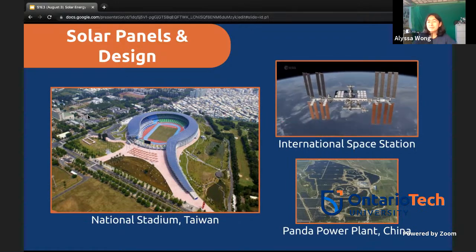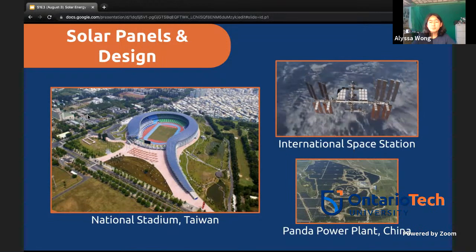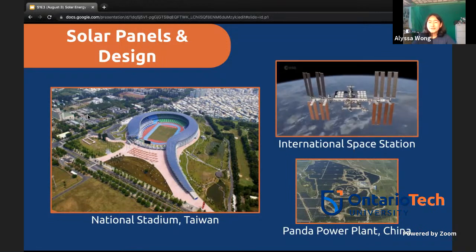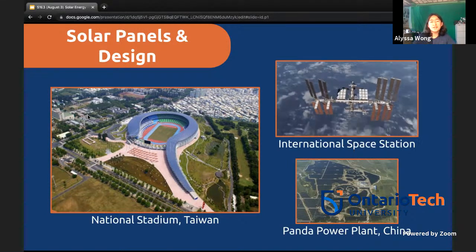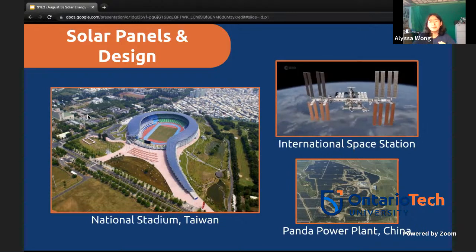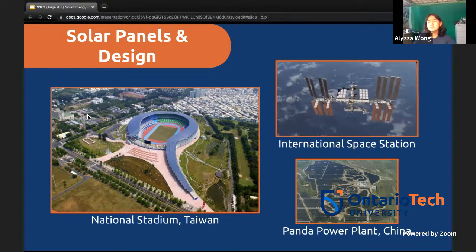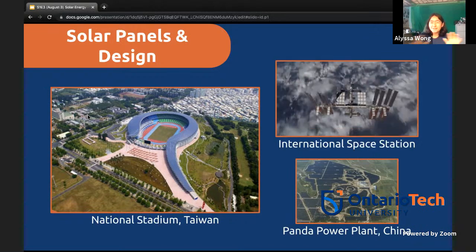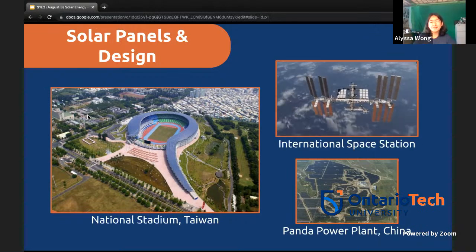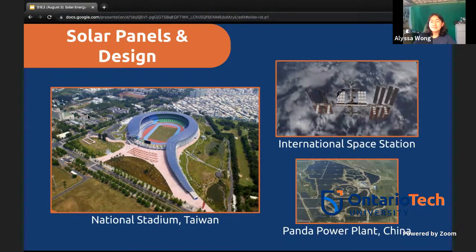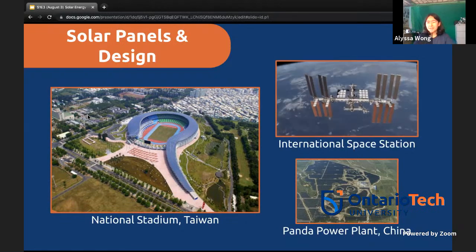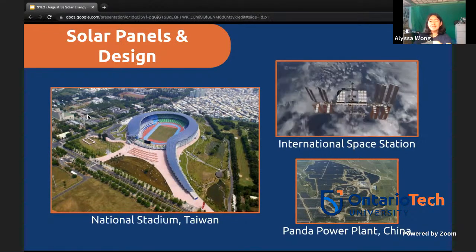And a really cool one that I never knew about before was this Panda power plant in China. Like I was talking about earlier, there's this farm in Sarnia that has a bunch of solar panels. This one in China, they have them shaped and placed so that they make the shape of a panda.